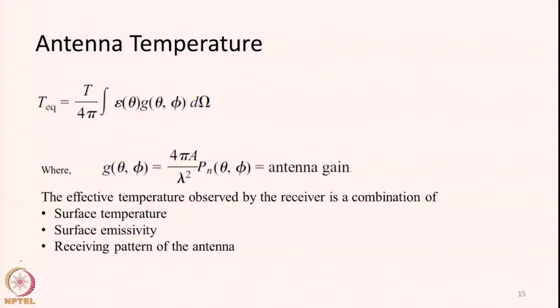So, in essence, as a summary, the effective temperature observed by the receiver, here there is the antenna, emission is going from the ground, whatever is the temperature as detected by the antenna is actually due to the combined effect of the surface temperature itself, surface emissivity and then the receiving pattern of the antenna.